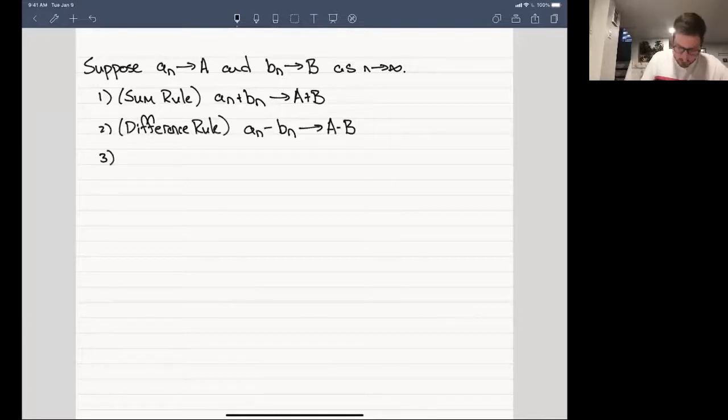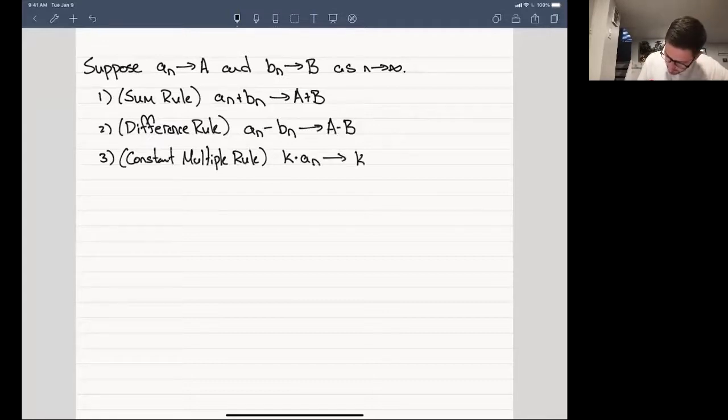So another one, the constant multiple rule. And so this tells me that if I take, say, k times a_n, this converges to k times A for any constant k.